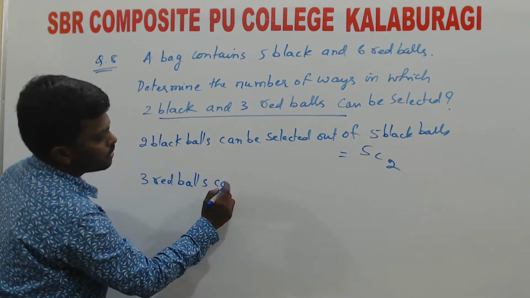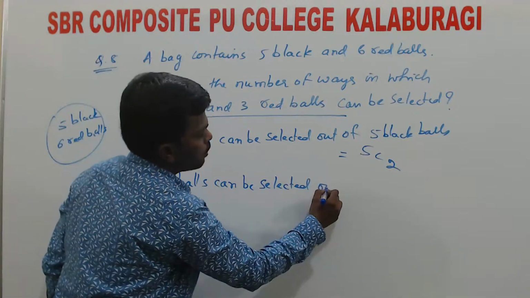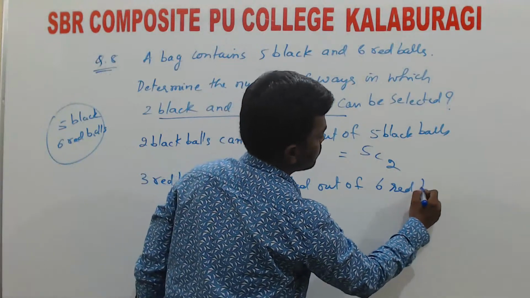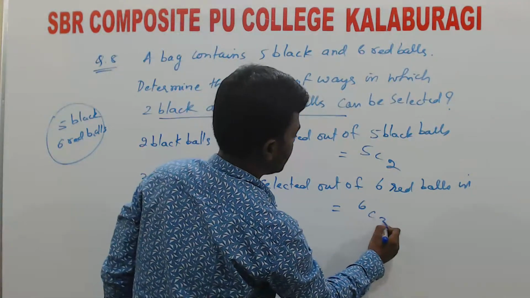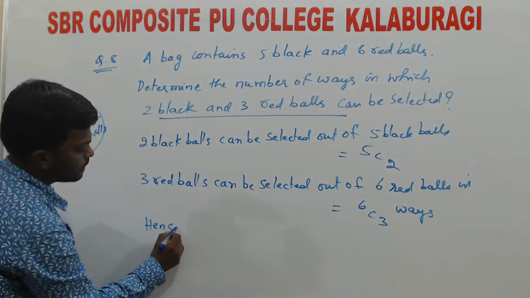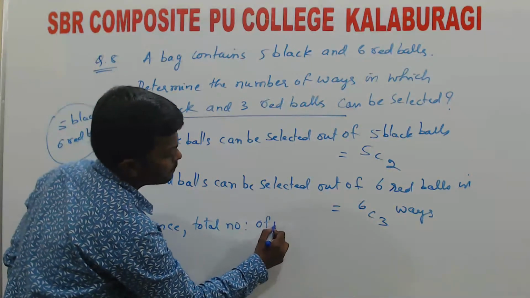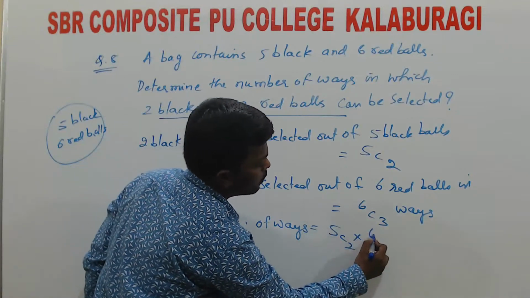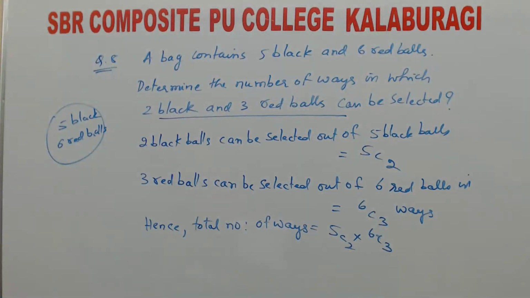Three red balls can be selected out of six red balls in 6C3 ways. Hence the total number of ways, by the multiplication principle, is 5C2 into 6C3. Just simplify, students.